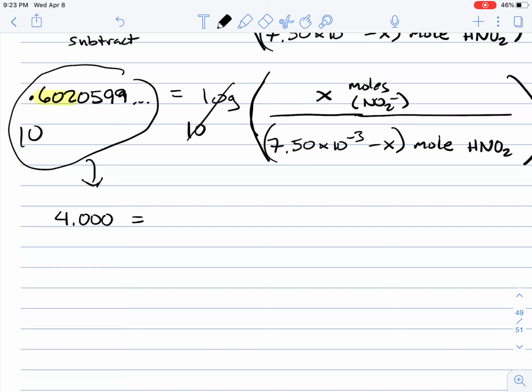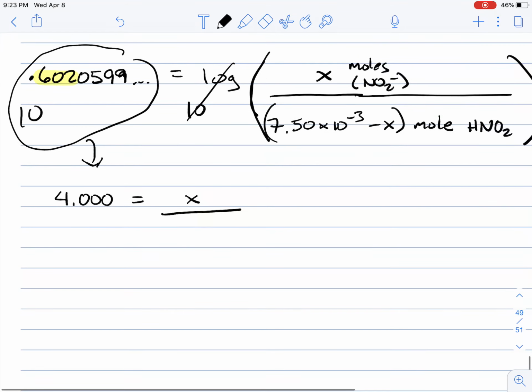And that is going to equal moles of my nitrate. Actually, just to speed things along, I'm going to drop the units. So x over 7.50 times 10 to the negative 3 minus x.